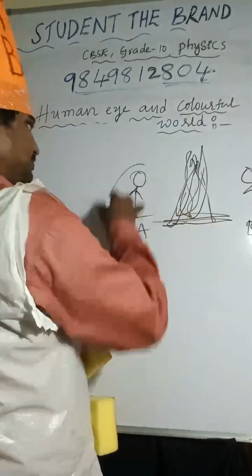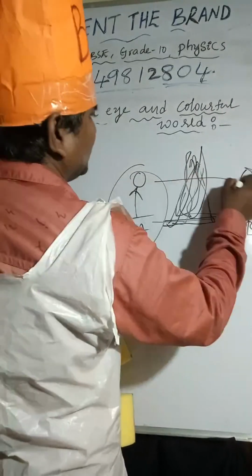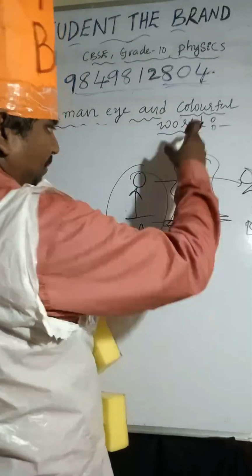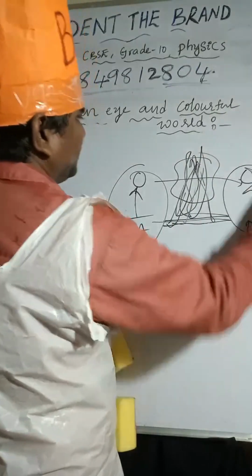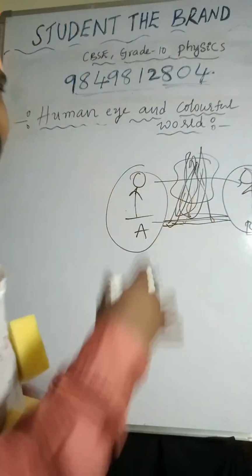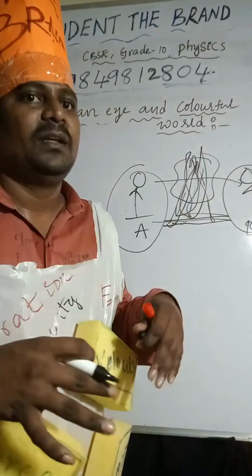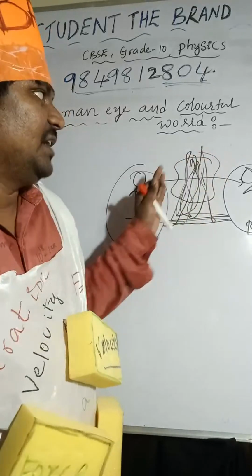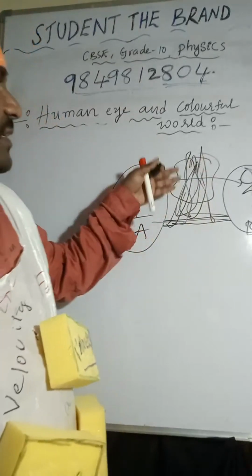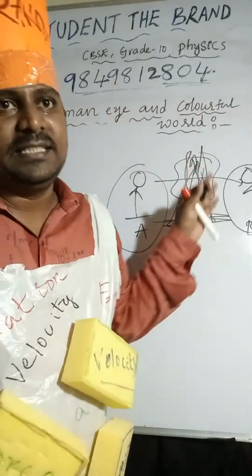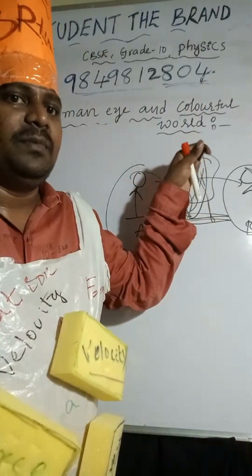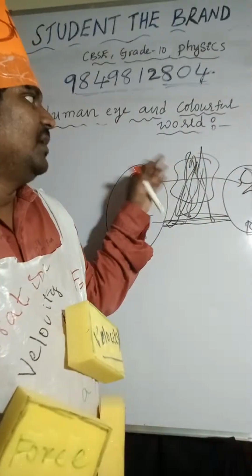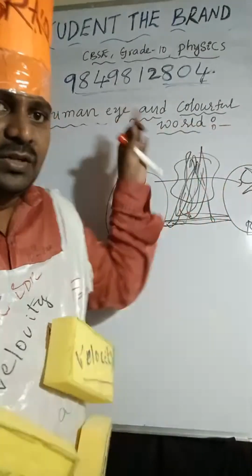This person sees through the flame. If we observe person B through the flame, the person's image appears to be flickering because of refraction. Hot air acts as a rarer medium, cold air acts as a denser medium. That's why when you see through the flame, it appears to be flickering. So that is the normal case.